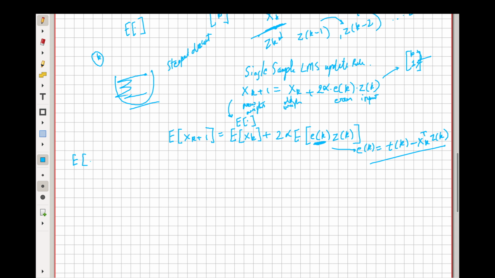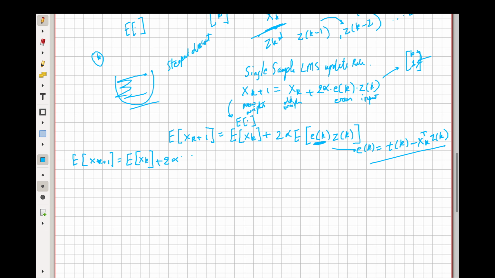E[x_{k+1}] is equal to E[x_k] plus 2 alpha, that stays as is. Now is the substituted part, E, we create this bracket, and here we write out the terms. Before we jump to this, why don't we keep it simple?